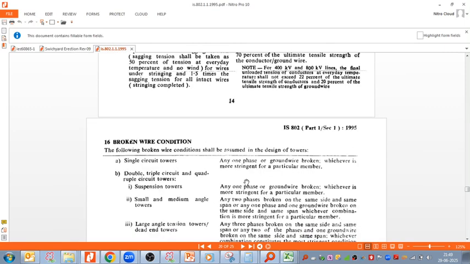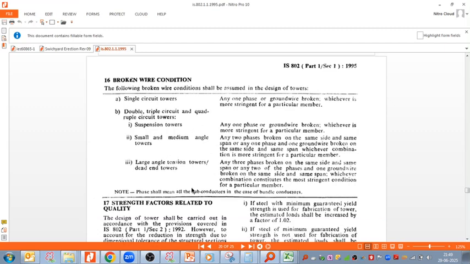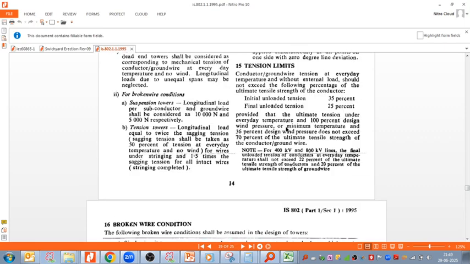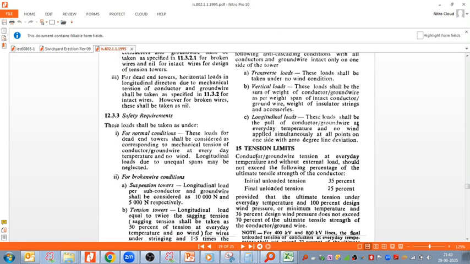Then there are double, triple and quad circuit suspension towers. Anyway, whatever they have given here, based on this condition we have to perform the sag tension calculation according to the initial and final conditions. So I go back to the sag tension.